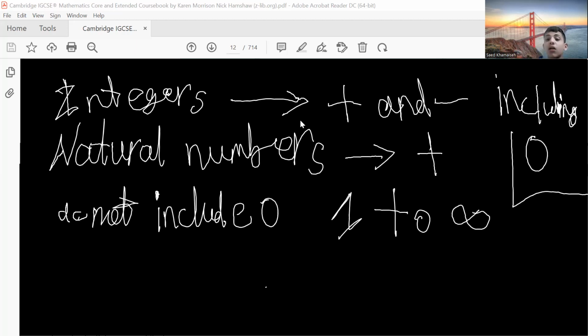So now here integers are the positive and the negative numbers. If I put -2, it's an integer. Very fast, I know it is an integer. But if they tell me to classify integers and natural numbers, -2 is not a natural number.